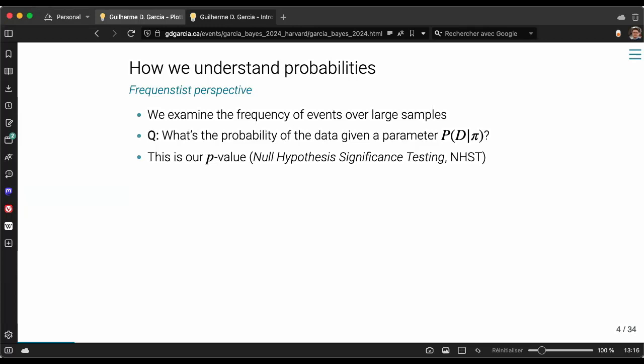And the question we address primarily is what's the probability of the data given a parameter, which is our p-value. Right? Now, of course, in the past, people used to be super focused on the p-value, the old statistics way, and nothing else. Now we see that this has changed considerably.